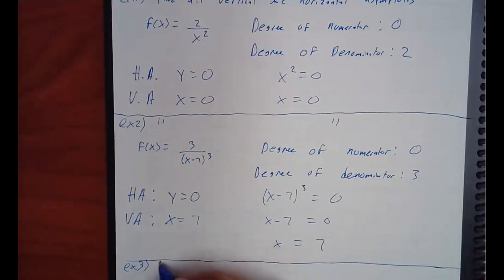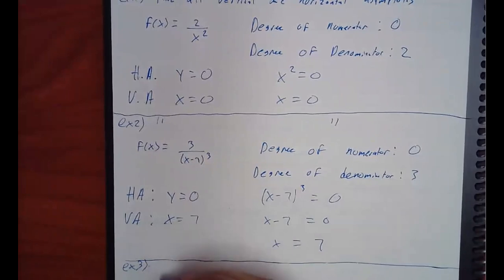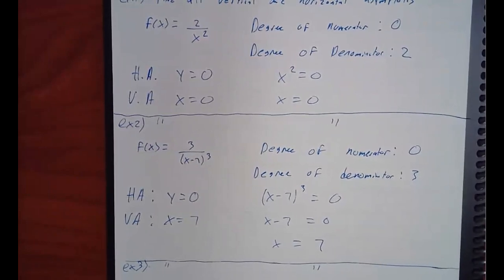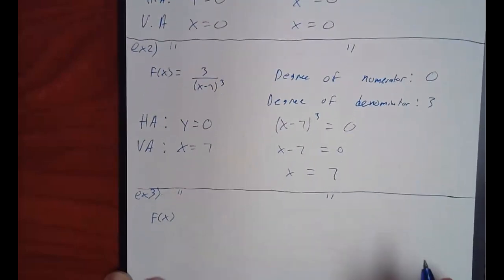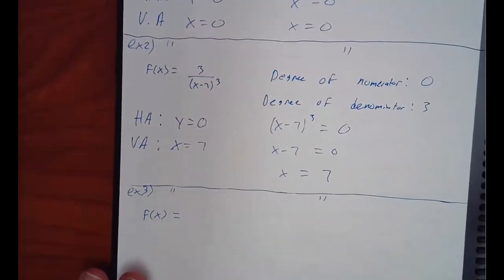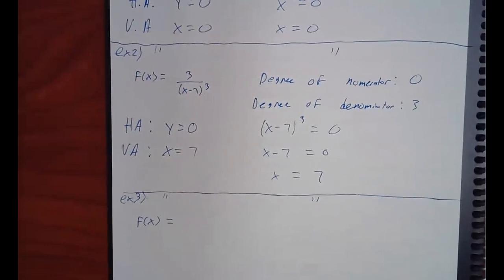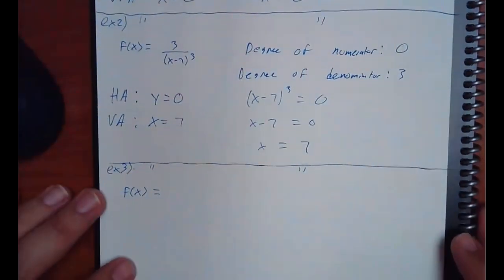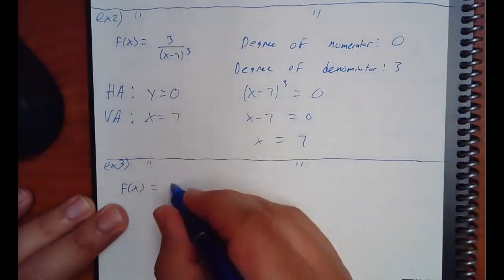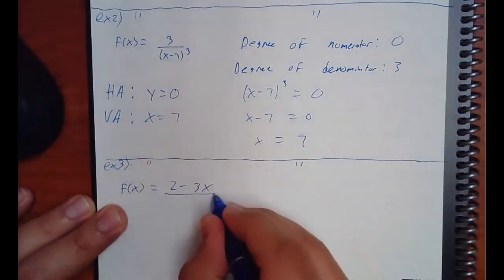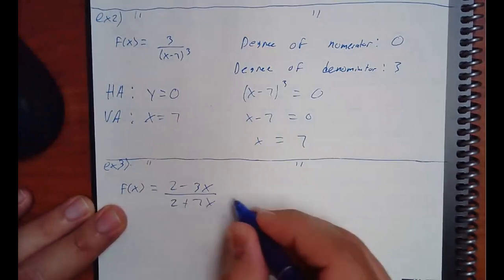Example 3. That would be the same question. f of x is equal to (2 minus 3x) over (2 plus 7x).